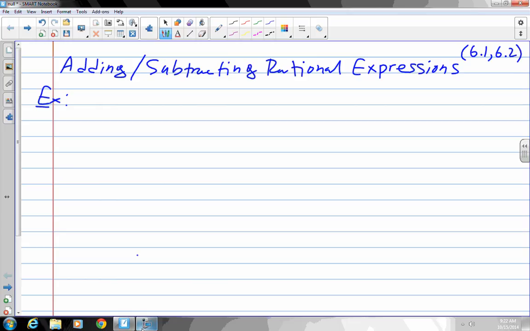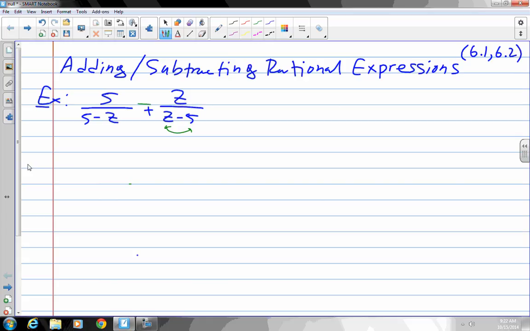Let's say I have this problem. I want to add 5 over 5 minus z plus z over z minus 5. So we agreed on something here. Although those denominators do not look the same, they look very similar, right? There is a little trick that we can do. I should be able to flip around the minus. And what happens if I flip around the minus?